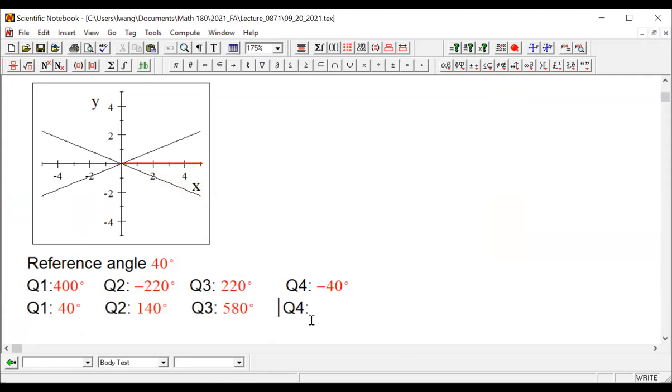Can we get another answer that terminates in quadrant 4? Vincent gave 230 degrees in quadrant 4, quadrant 3, sorry. So I don't want to overlook that, and I want to use Vincent's answer. Could you guys tell me, is 230 the right answer?